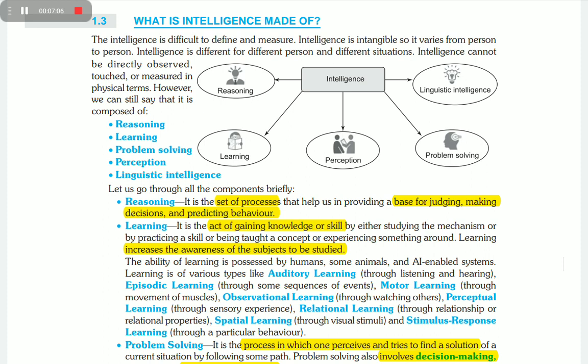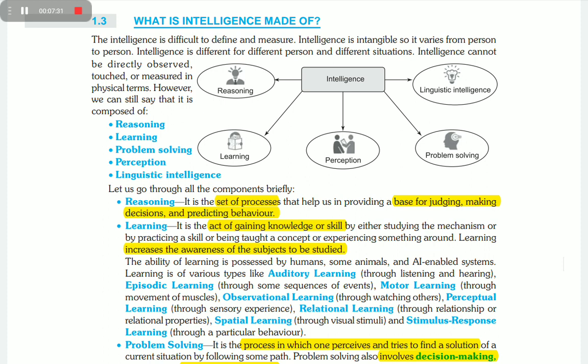That is a base for judging, making decisions, like judging a person as bad or good, and predicting behavior, meaning how he talks to us. If he talks to us nicely, we will find him good, and if he talks to us badly, then we will find him or her bad.